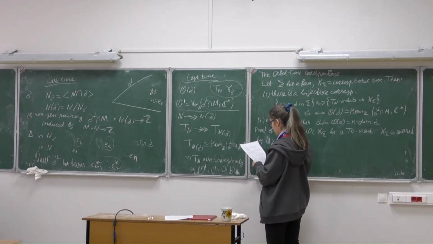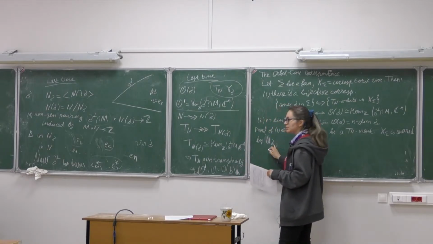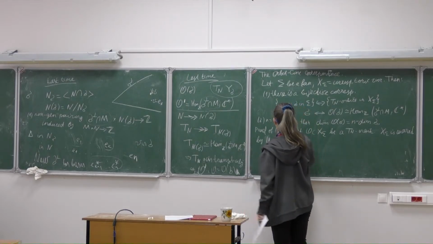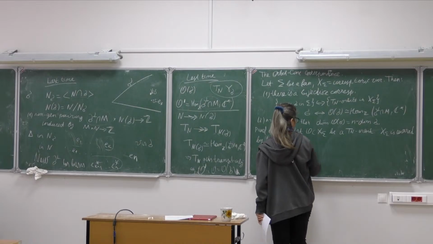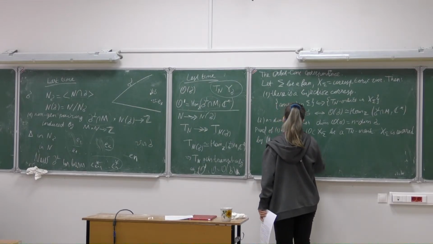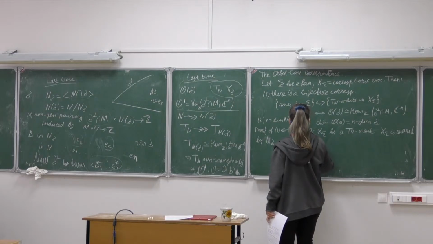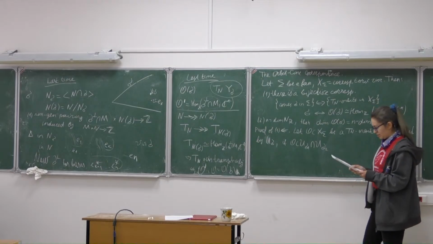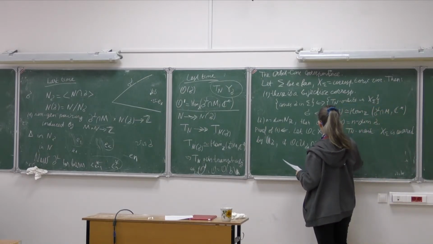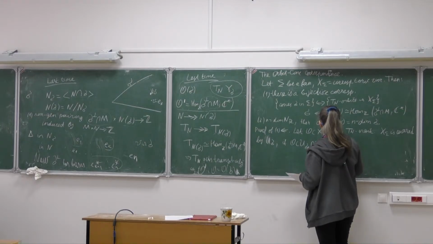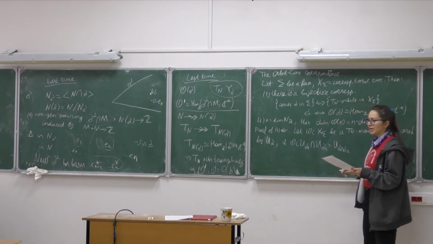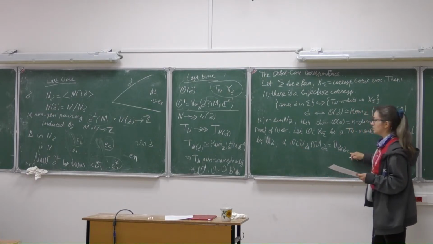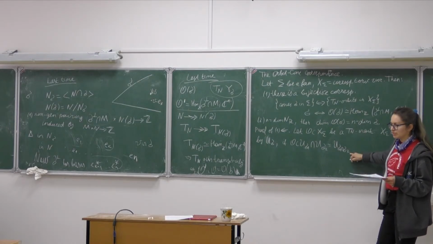We know that all U sigma are torus invariant. So if our orbit belongs to U sigma 1 and also to U sigma 2, we can say that it belongs to U sigma 1 intersected with U sigma 2. Just by construction, we know that this intersection is U of sigma 1 intersected with sigma 2.